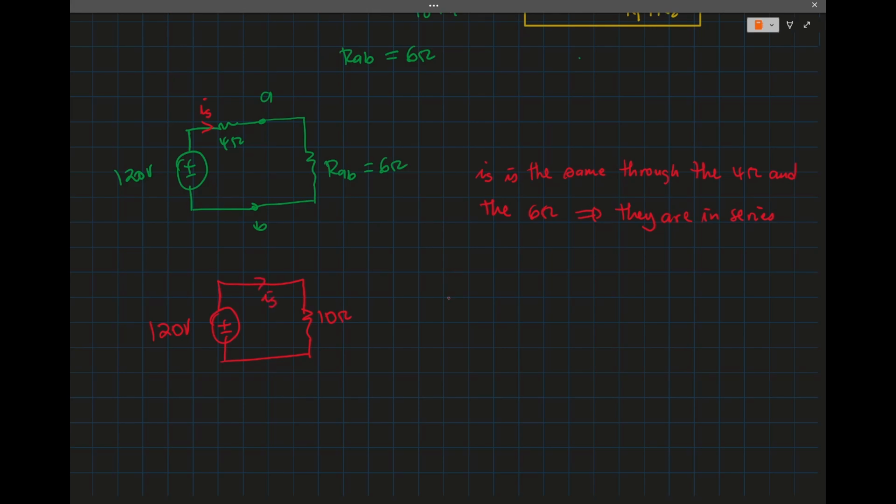So using Ohm's law, IS is the voltage, 120, divided by 10 ohms, which is 12 amps.